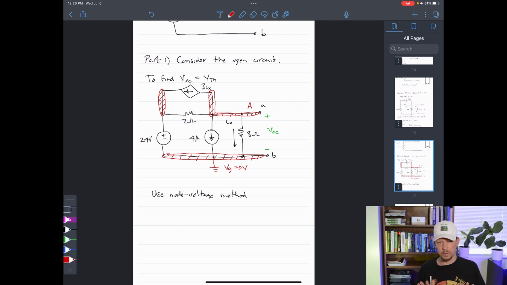Remember, the next step in using the node voltage method is we need to take a look at where our voltage sources are located, because every voltage source reduces the number of independent nodes by 1. There is a voltage source right there.